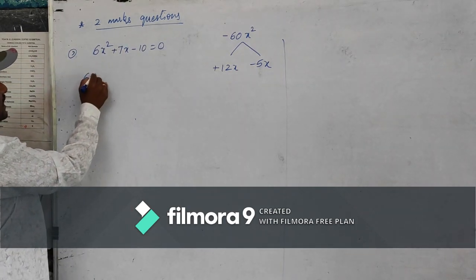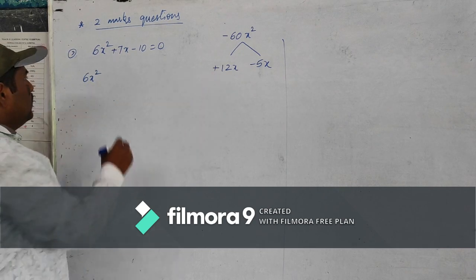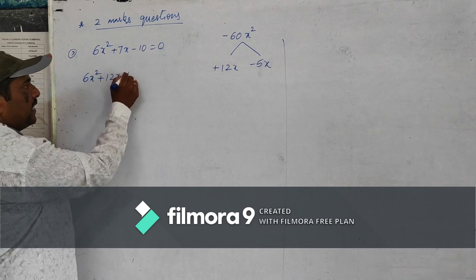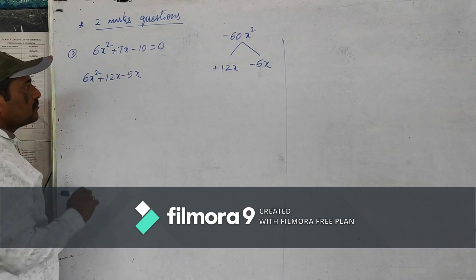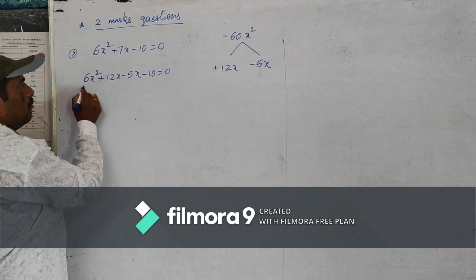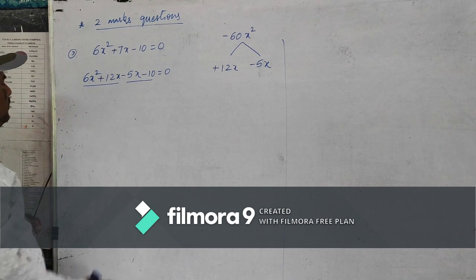So here 6x square, now split up the middle term as like this. 7x can be written as 12x minus 5x minus 10 is equal to 0. Now it will factorize by grouping method here.